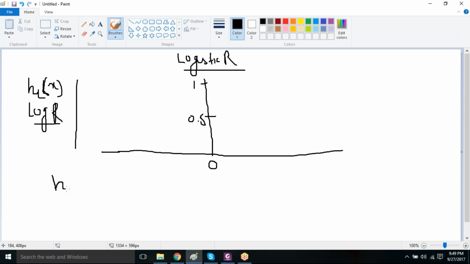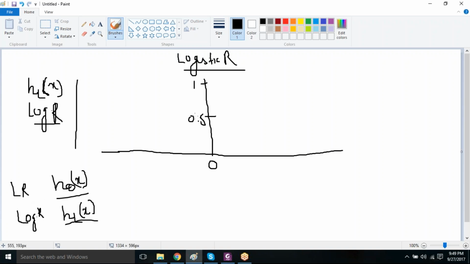So linear regression from now on I will represent it like this in mathematics. This is linear regression, and whenever I have to represent logistic regression, I will represent it like this. Theta is hidden, okay, in logistic regression representation. So this is just a representation I have assumed for this session.